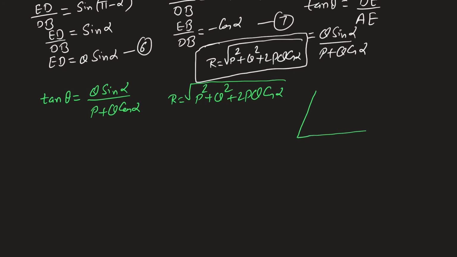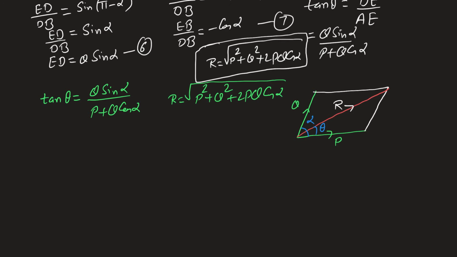This R is inclined with force P. This is P, this is Q, and we have completed the parallelogram. This is R, this angle is theta, this angle is alpha.